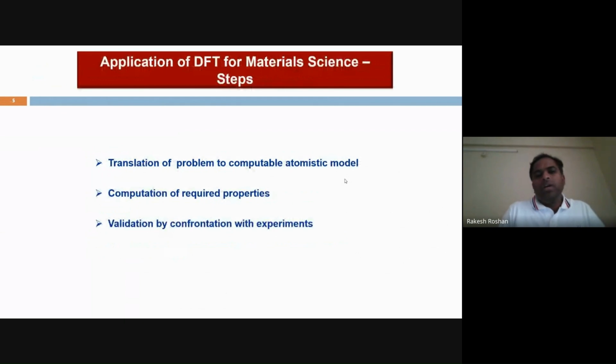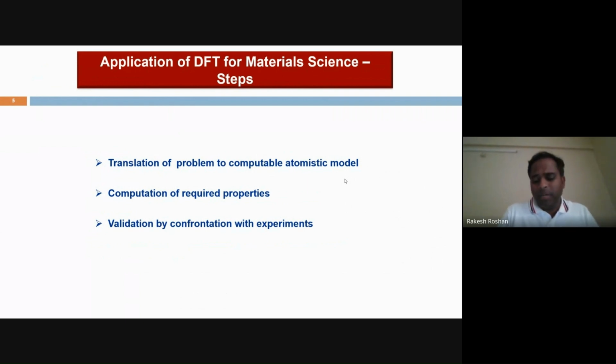The next question is, how do I apply DFT for material science? What are the steps involved? The first thing we need to do is translate our problem to a computable atomic structure model. That is very important. Once we have the model in place, we need to compute the required properties that we are targeting. In our case, it is getting low KL. The results that we get by using DFT need to be validated by confrontation with experiments.